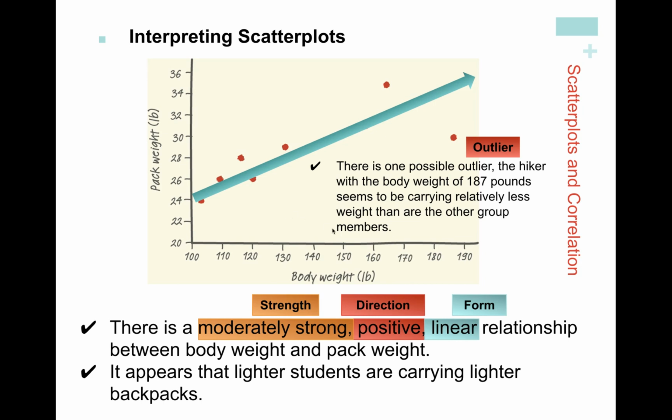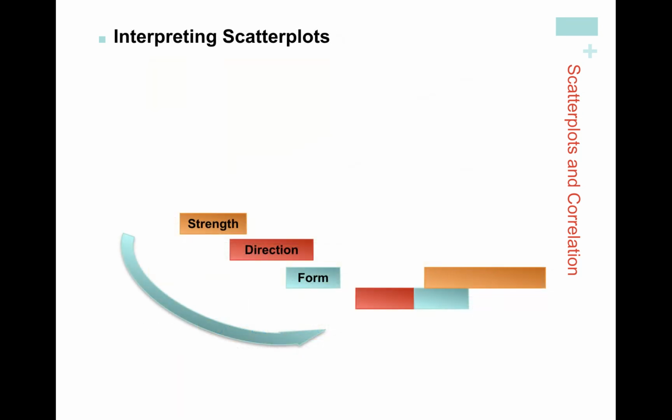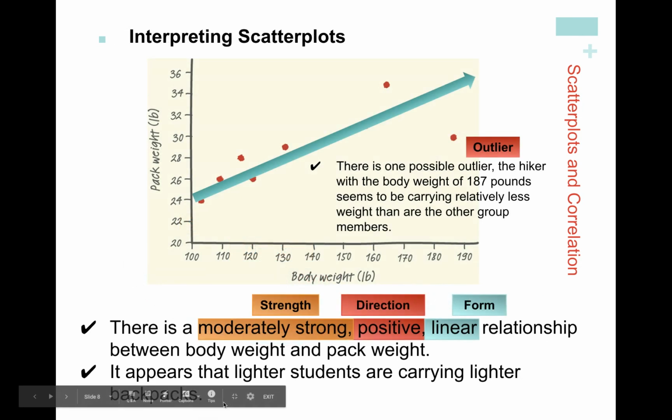In this case, the model is linear because we already stated that there is a positive linear relationship. So strength in this case is modifying how strong is the linear relationship. Oh, I skipped over this other interpretation. It appears that lighter students are carrying lighter backpacks.